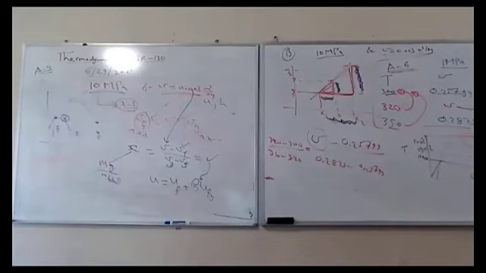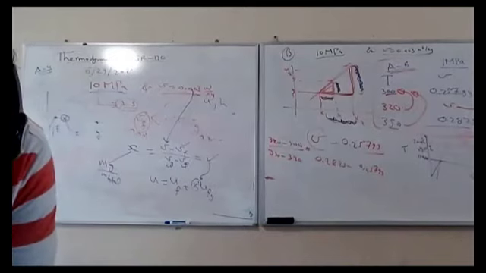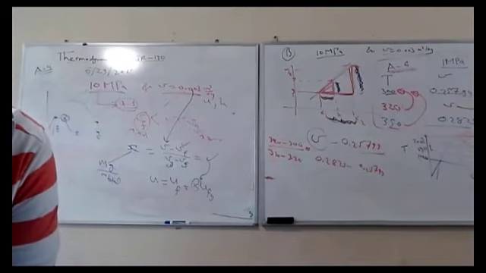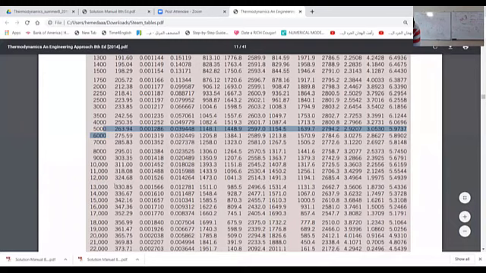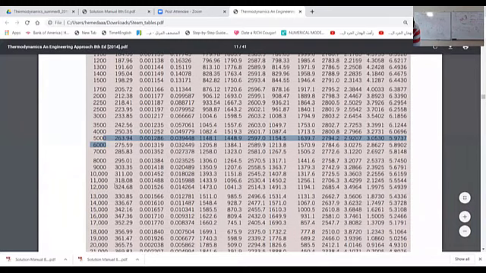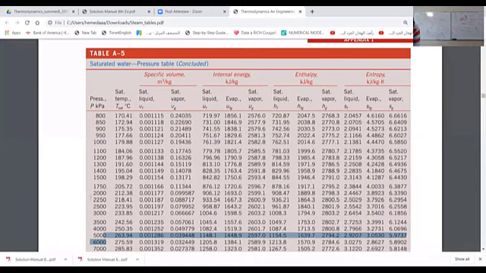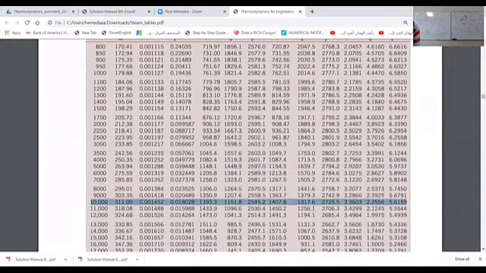Hey guys, if you go to table A5 at 10 megapascal, which is about 10,000 here, I'm going to share it again for the last minute. This is table A5. If you go down here at 10 megapascal, you'll find this volume between this value and this value.